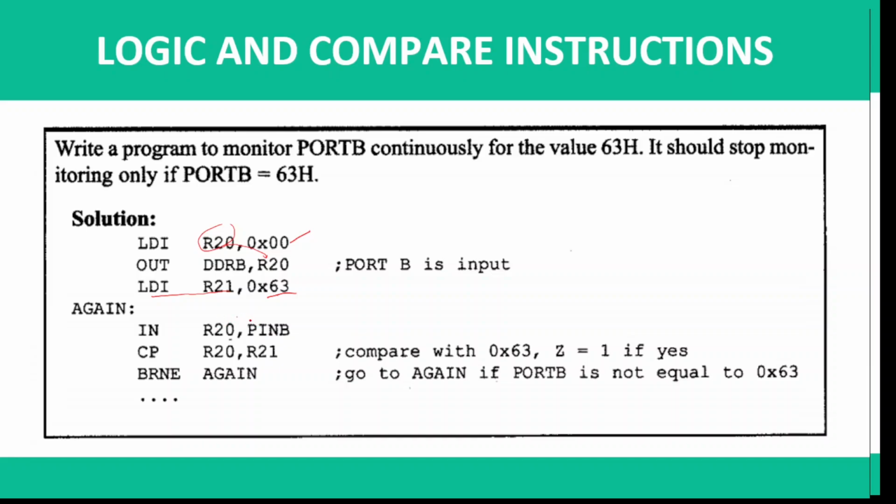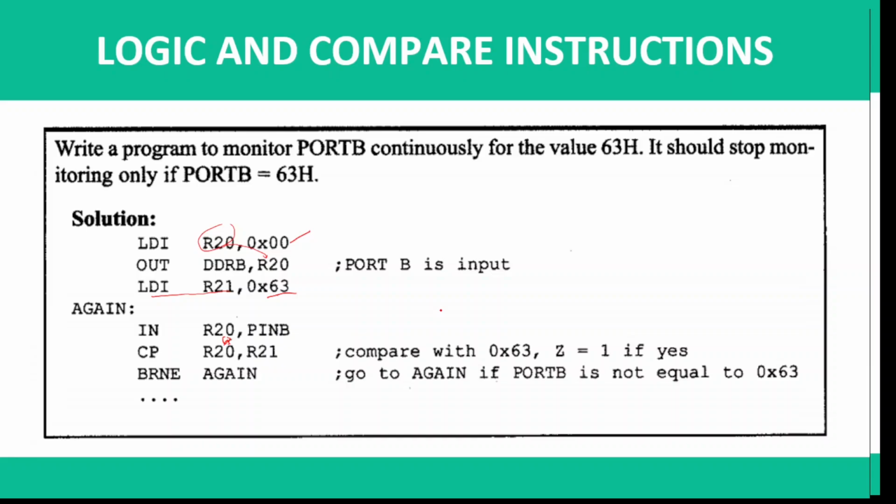So whatever the value of pin B will be put in register 20. So let's say we have 63H in register 20, and we already initialized R21 equal to 063, right? So comparing them together, if it is equal, meaning, di ba, the comparison instruction is just like subtraction.